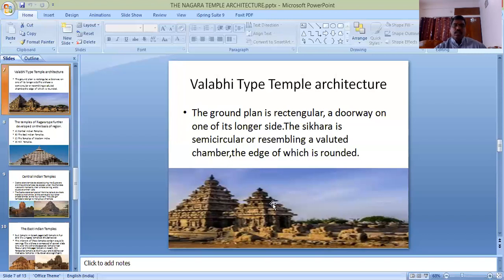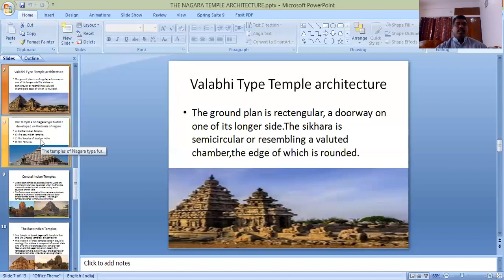The Shikhara is semicircular or resembles a vaulted chamber, just like a chamber, the edge of which is rounded.